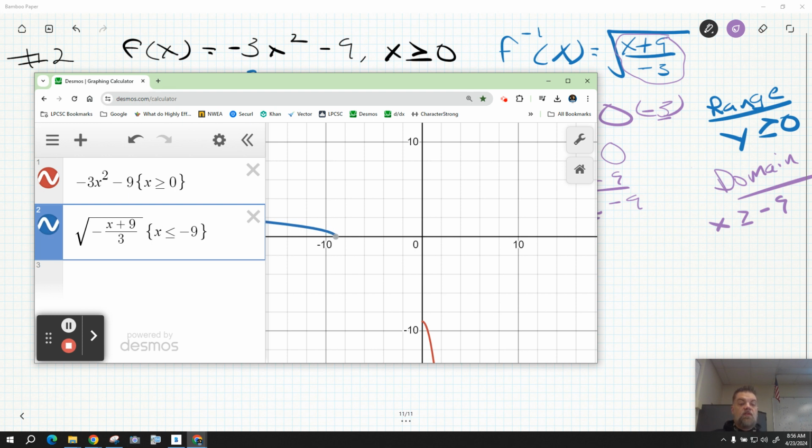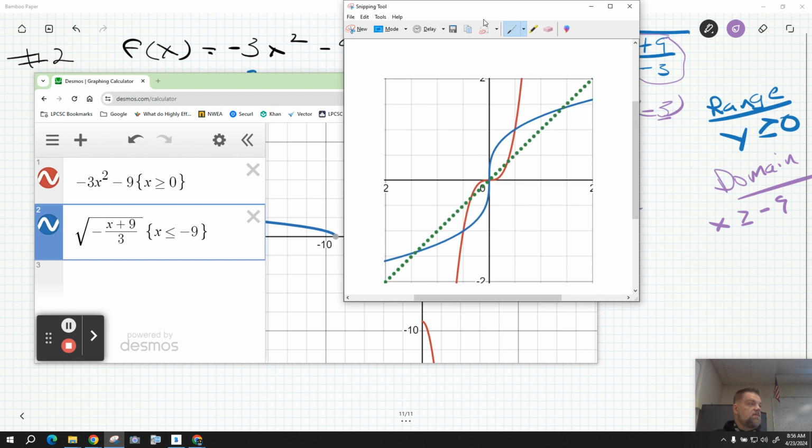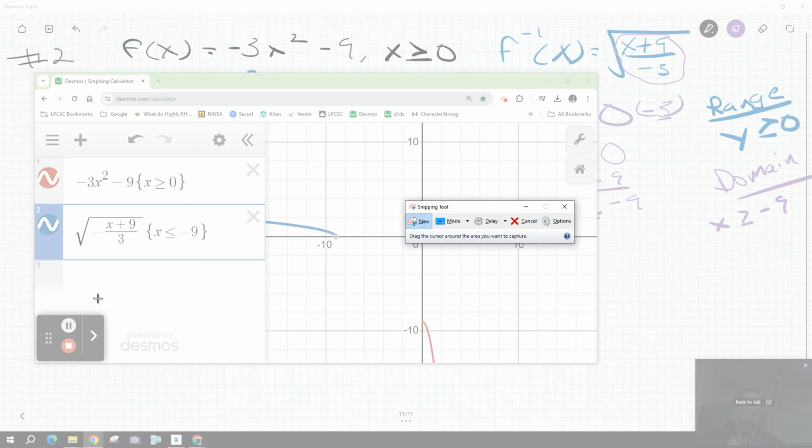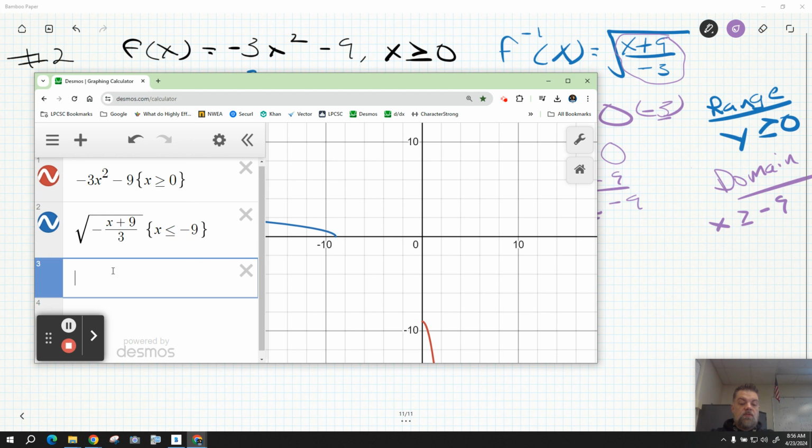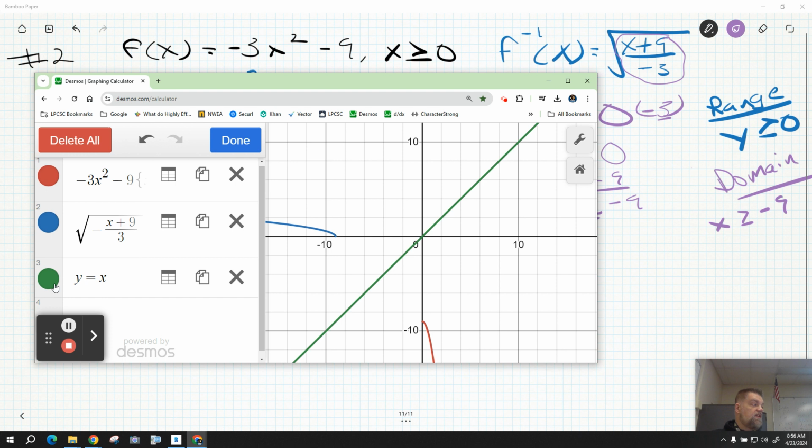Boom. Now, if you look at the options, let me scan this. Oh, you know what? Let's do the diagonal first. Don't forget to graph the diagonal because that's helpful. And then I always like to do the fancy diagonal, right? With the dots.